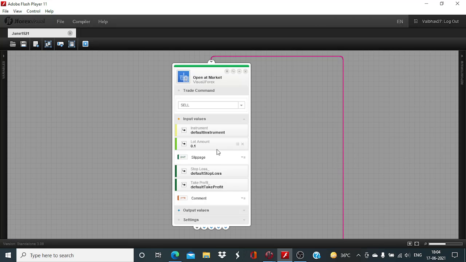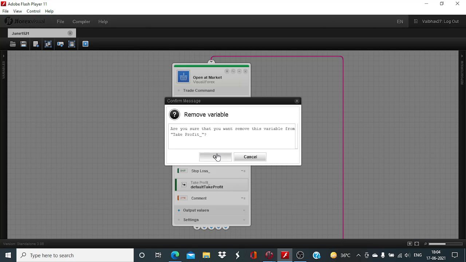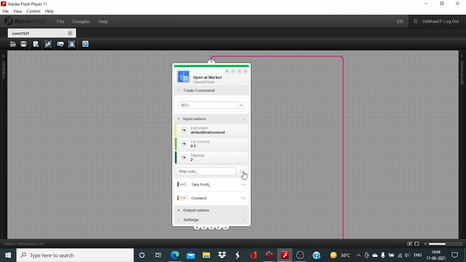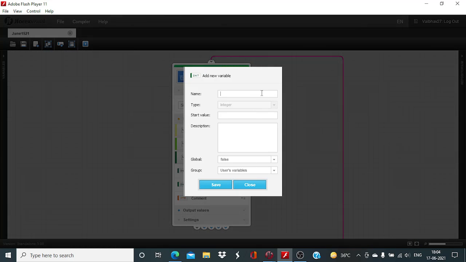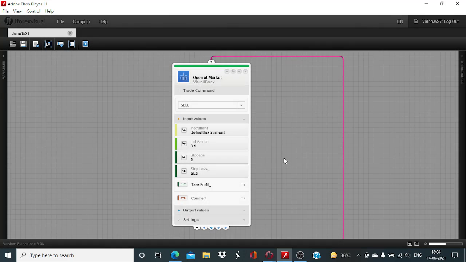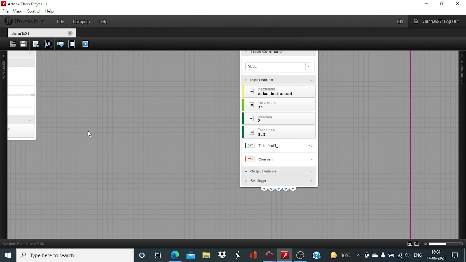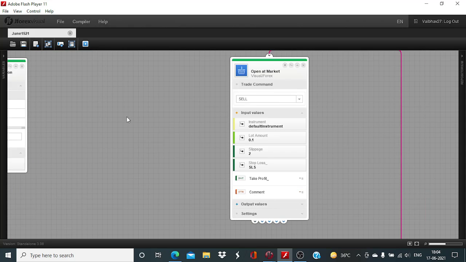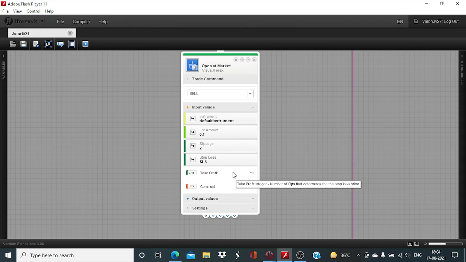The slippage will be 2 pips. And here I will create a new variable in both these places. And its value, we will assign it to the calculation expression once we get that calculation done.